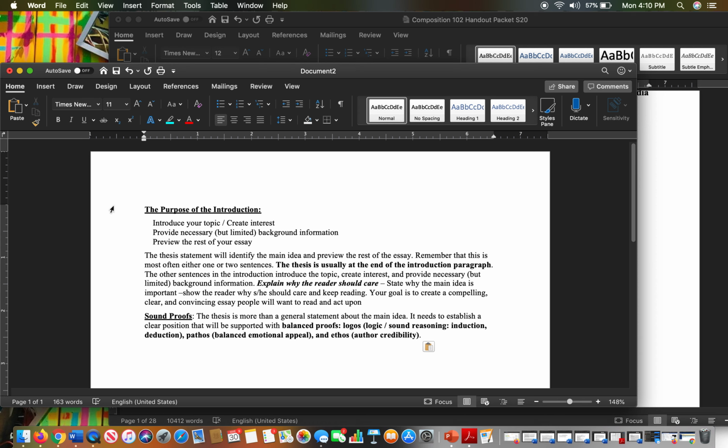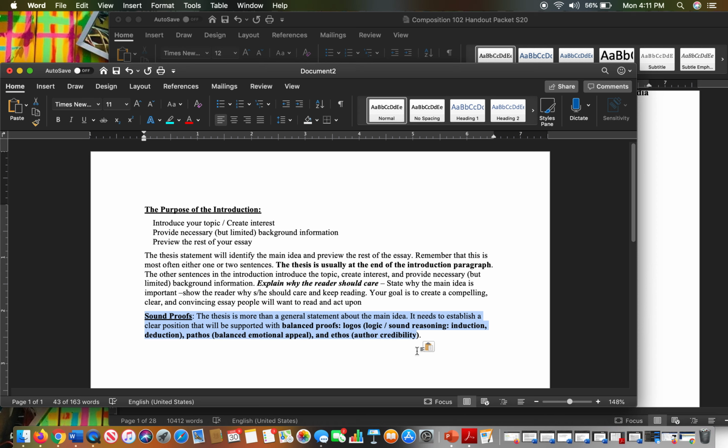Finally, we talked about using sound proofs, logic, that it makes a logical order, right? For our purposes, what you almost always want is your introduction to start broad, and your paragraph should start to move narrower until it gets to the thesis, which is pinpoint, narrow what your argument is. So start broad and work your way narrow throughout the opening paragraph.